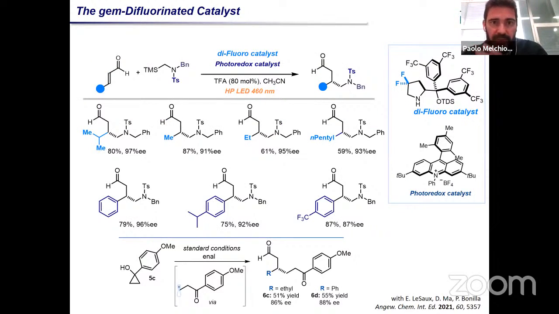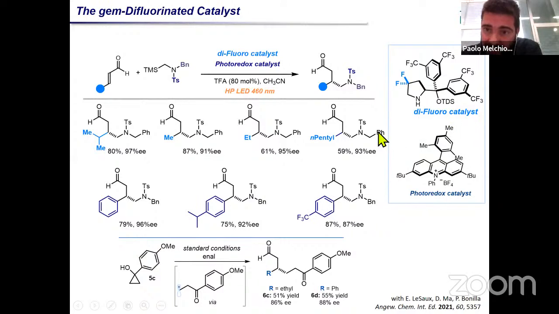So in principle, we wanted to explore the possibility that this can provide a general system for radical conjugate additions to unsaturated aldehydes with high enantioselectivity. And to do so, we needed to decouple the radical generation strategy from the radical trapping event. And this is why we use two different catalysts.